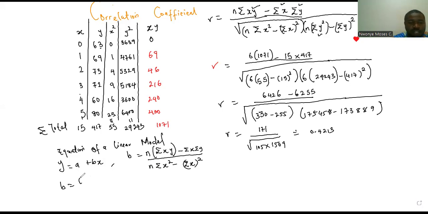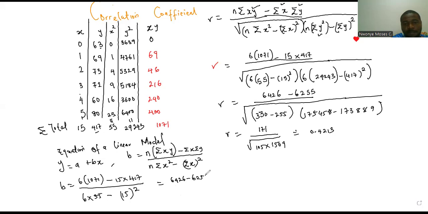To substitute, we have 6 times 1071 minus 15 multiplied by 417, which is here. We divide this by 6 multiplied by 55 minus 15 squared, which is the summation of X. If you do this using your calculator, you should have 6426 minus 6255, which you should verify.